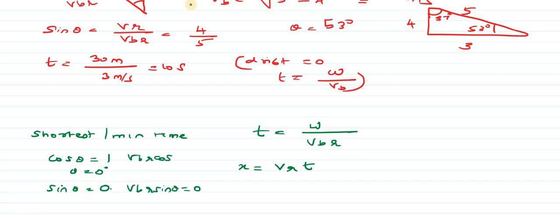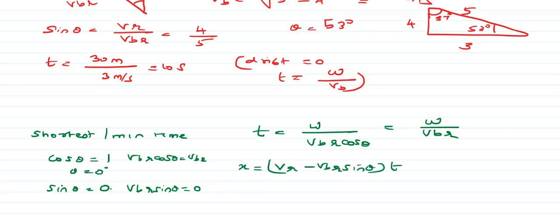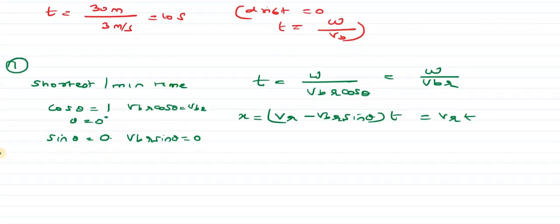Time is W by VBR cos theta, which is W by VBR. Drift is VR minus VBR sin theta into T, but since sin theta is 0, it is VR into T. This is for shortest time. You can find drift this way.